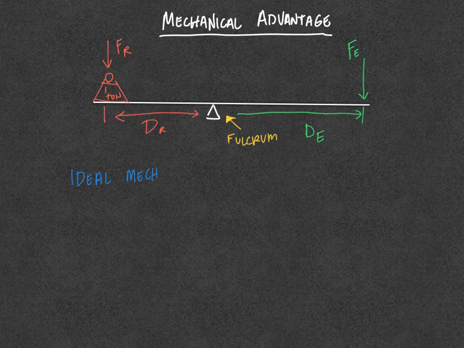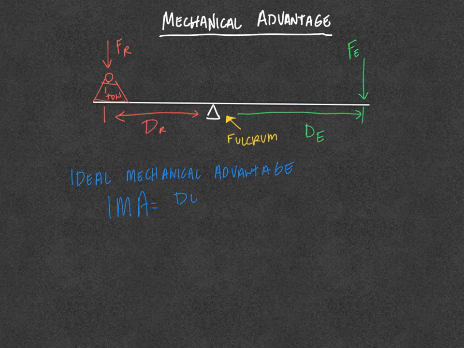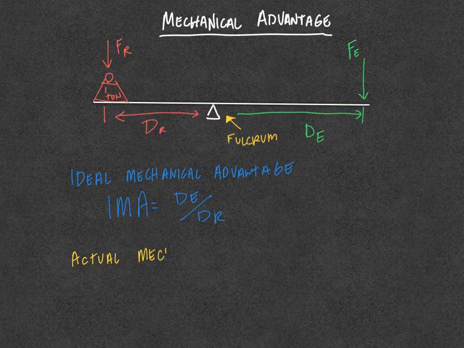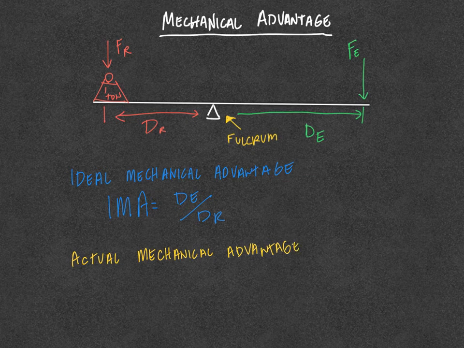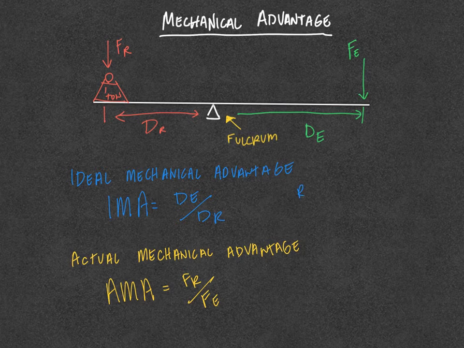We have the ideal mechanical advantage, and the formula is IMA is equal to dE over dR. And then the AMA, or the actual mechanical advantage, is equal to FR over FE, where FR is the force of resistance and FE is the force of effort.